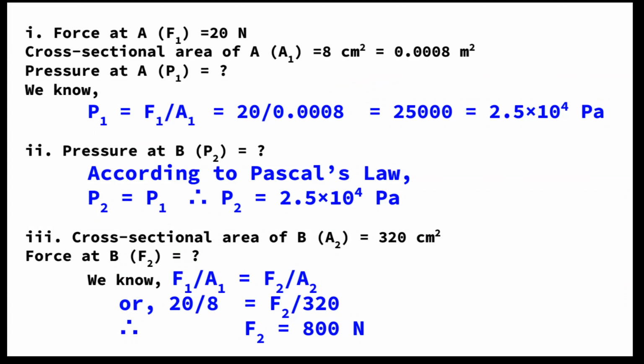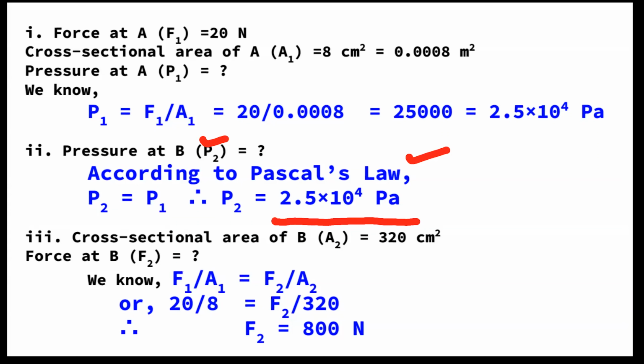The second question asks to find the pressure at B. We have considered the pressure at B as P2, and it's very simple. We don't need to calculate. According to Pascal's law, the pressure exerted on piston B is also the same, 2.5 into 10 to the power 4 Pascal.